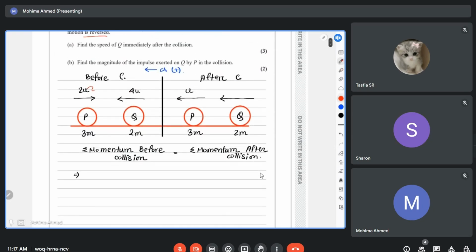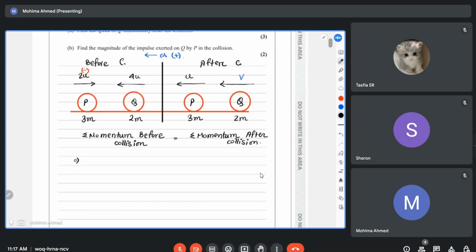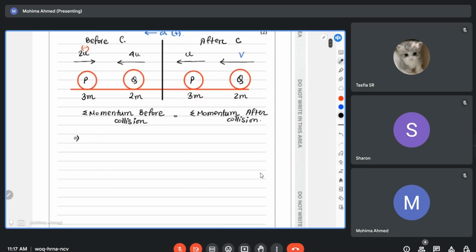Now again over here, for sum of momentum before collision, what you have is only this part over here. This particle P's initial velocity would be negative. Other than that, all the values will be positive, right? And another thing, this is just v because we do not know the value for that final velocity of particle Q. So you have 3m multiplied with minus 2u plus 2m multiplied with 4u is equal to 3m multiplied with u plus 2m multiplied with v.